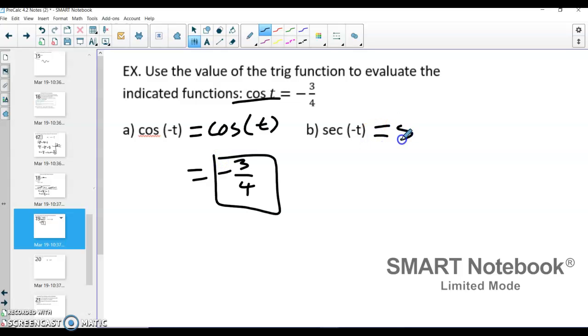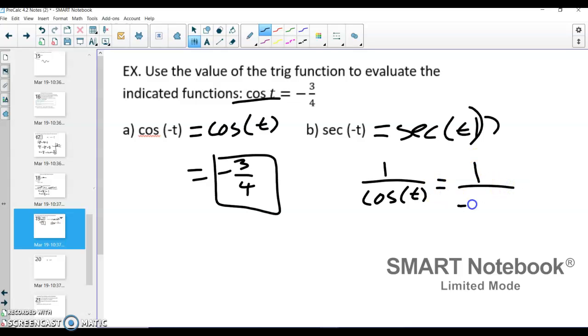Secant's an even function, so this is the same thing as secant of +t. And so this would become 1 over the cosine of positive t, which is 1 over negative 3/4, which becomes negative 4 over 3.